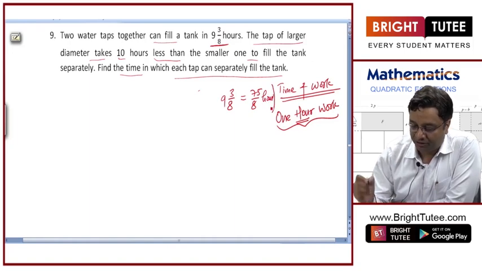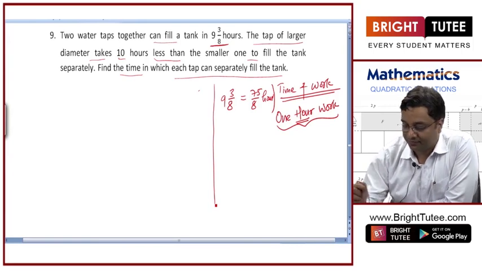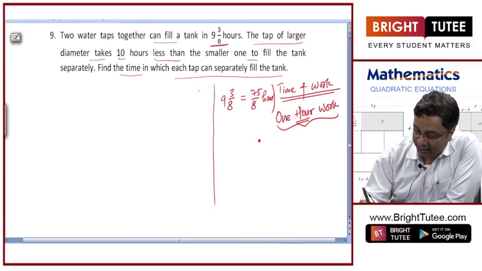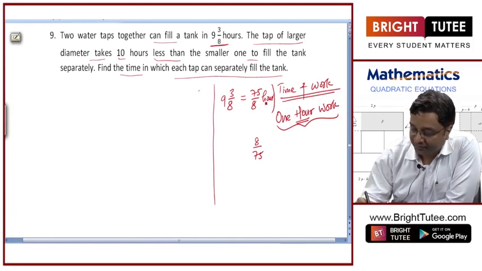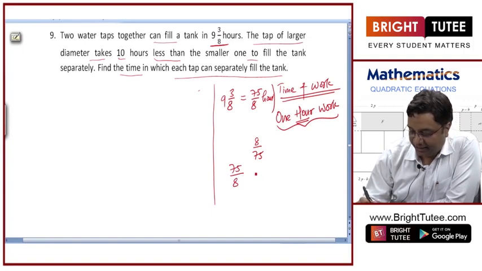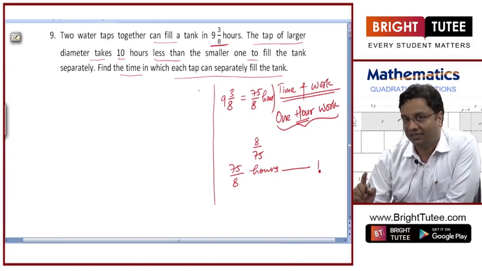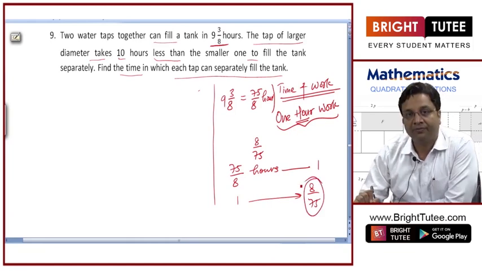If I now ask you how much work they will do in 1 hour, they will do 8 by 75 of the total work, because they take 75 by 8 hours to do the complete work, that is 1. So in 1 hour how much work will they do? Obviously 8 by 75, right?